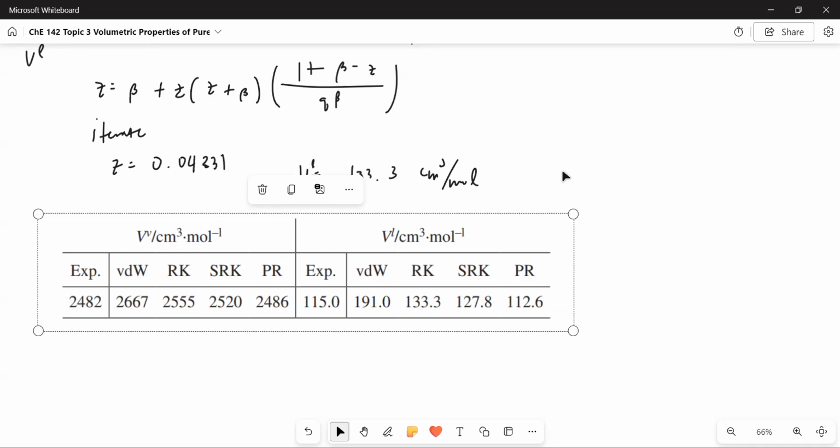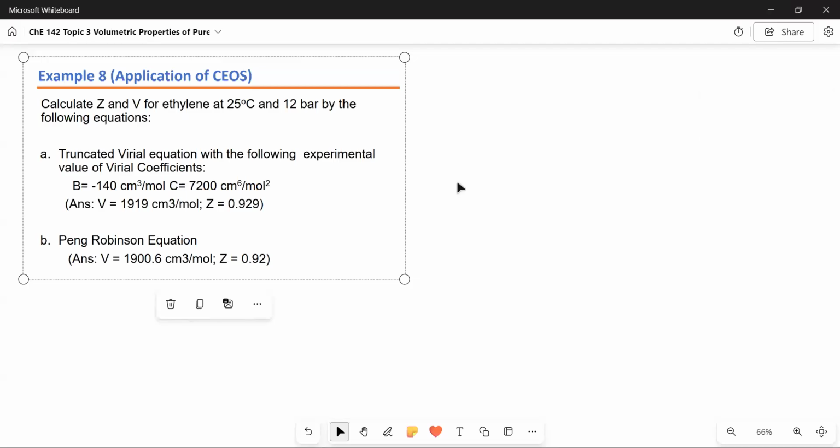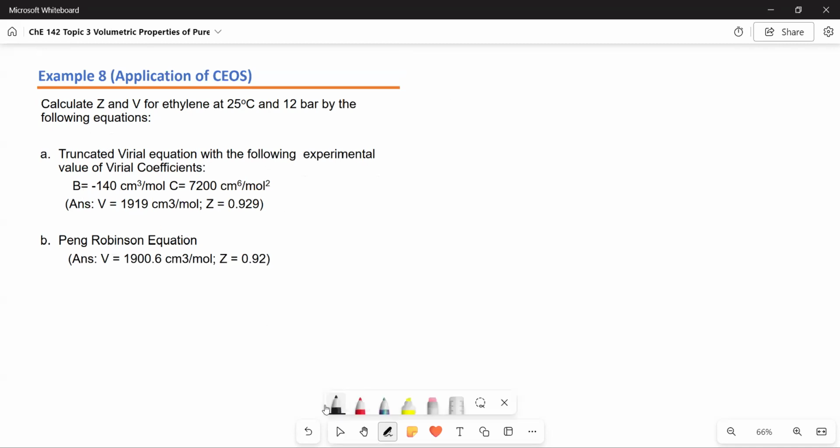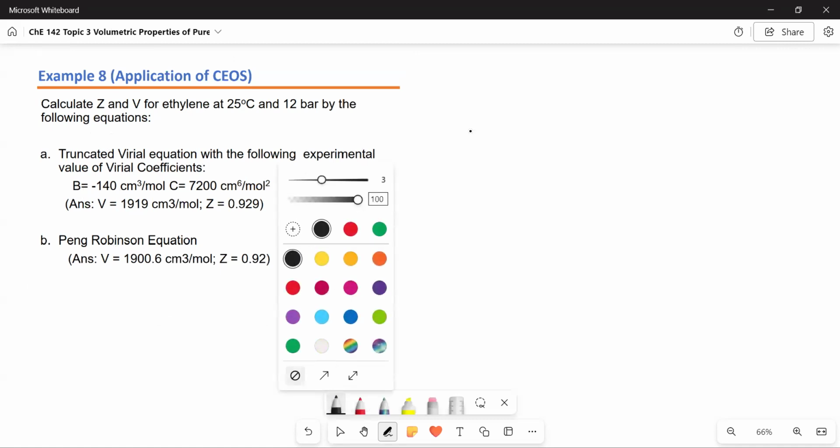All right, so let's proceed with Example 8. For Example 8, we're still under the general cubic equations of state. We're being asked to calculate for Z and V for ethylene at 25 degrees Celsius and 12 bars by the following equations. First, the truncated virial equation using the virial coefficients B and C, and next is the Peng-Robinson equation. Okay, let's write the given as usual.